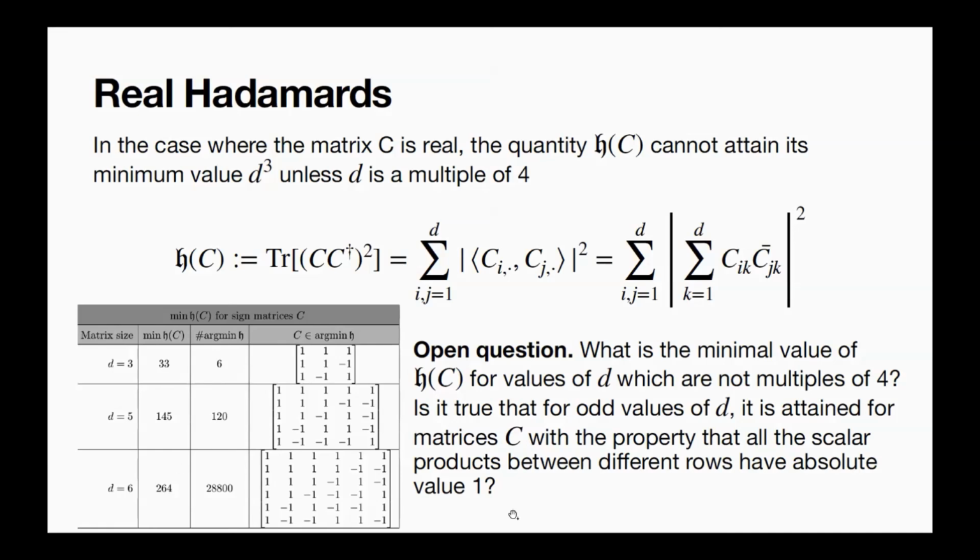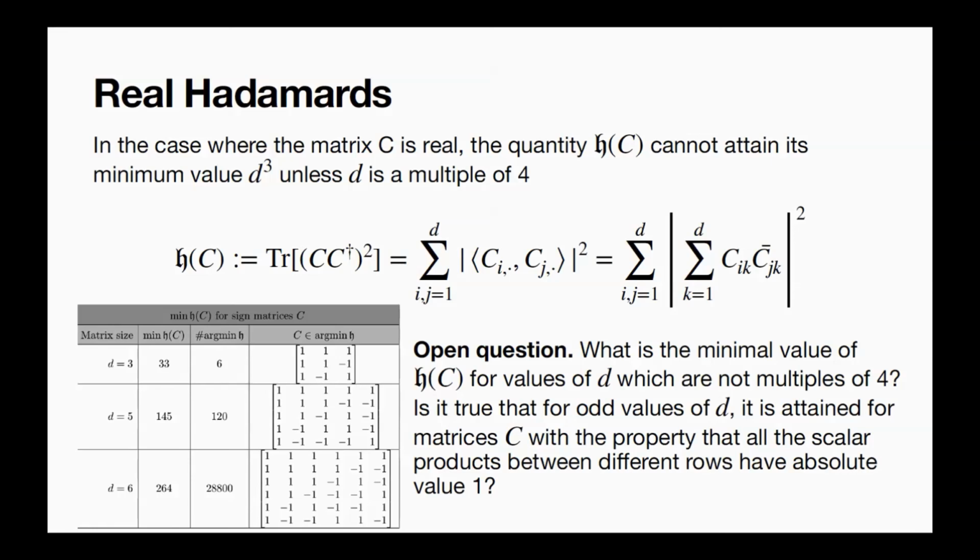What we notice is that you can always find a sign matrix C with the property that the ones which minimize this quantity H are always such that, when you take odd d, the scalar products between rows are exactly 1. You know, they cannot be 0, but they're exactly 1.